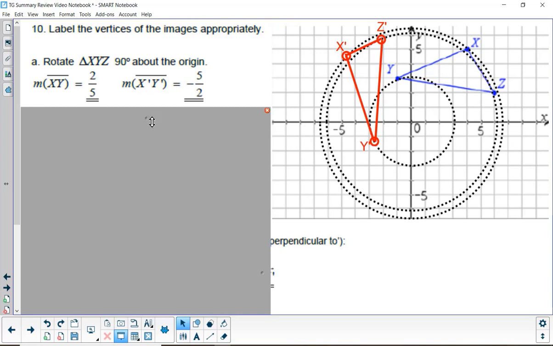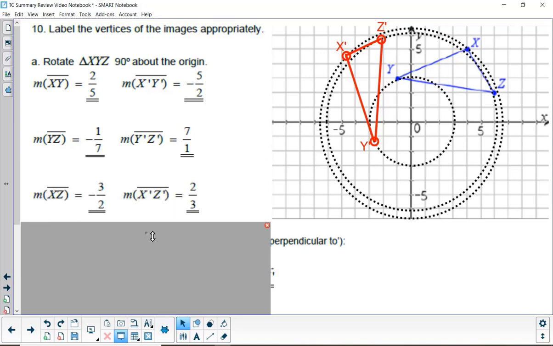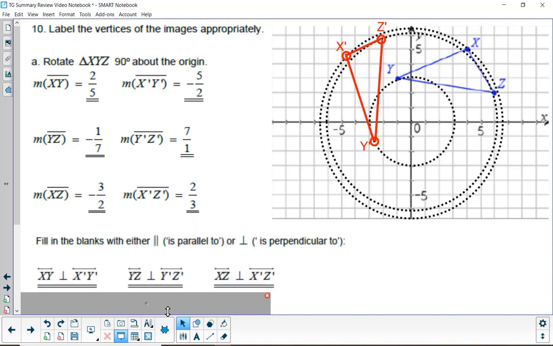Y prime Z prime then should be +7/1. And then XZ looks like it is down 3/2, -3/2, and this one is up 2 and over 3, up 2/3. So should they be parallel or perpendicular? And they are perpendicular because of the opposite reciprocals. Press pause as needed.